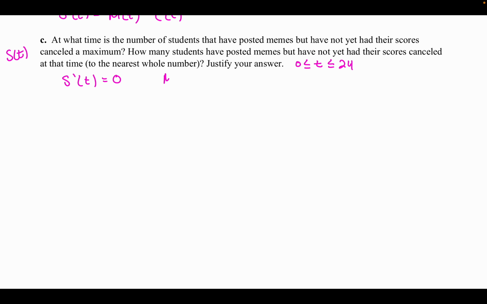It's going to be just m of t between 0 and 12, and then it's going to be m of t minus c of t where that equals 0 from 12 to 24. Okay, so what I'm going to do is first see, is there anywhere where m of t equals 0? And then I'm going to see, is there anywhere from 12 to 24 where m of t minus c of t equals 0?